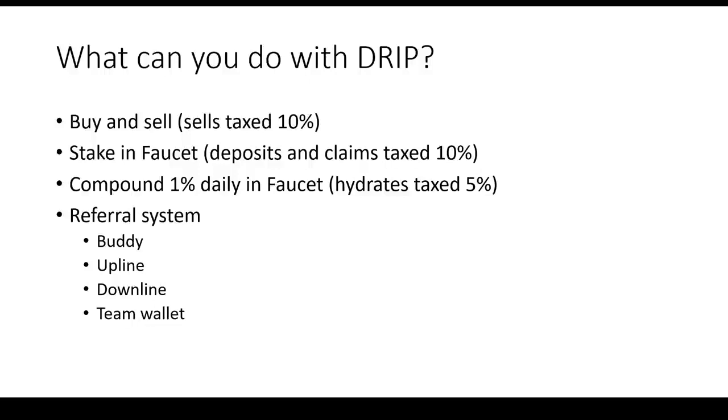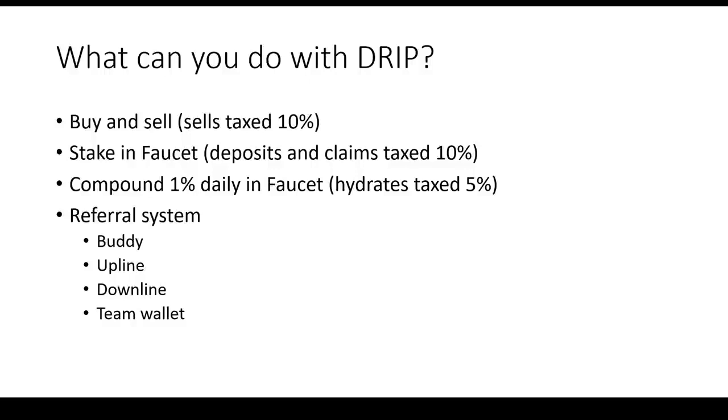Everybody is treated the same, whether you have 0 downline or 150 downline. It doesn't matter, your deposits will be treated the same. But if you do have friends that you want to bring into Drip, you can do that.